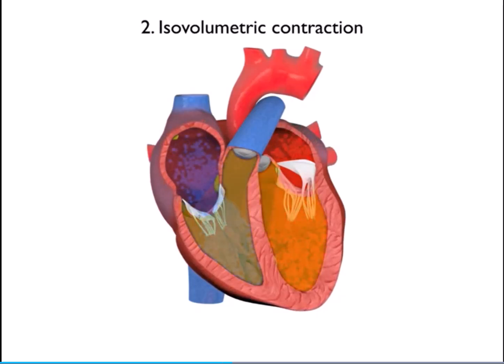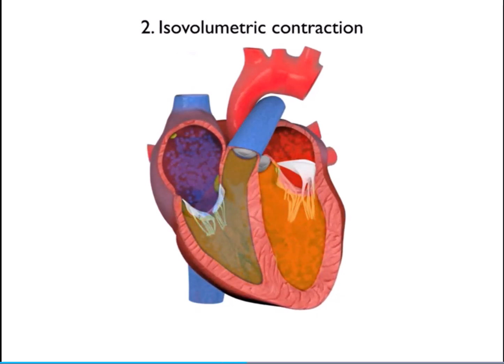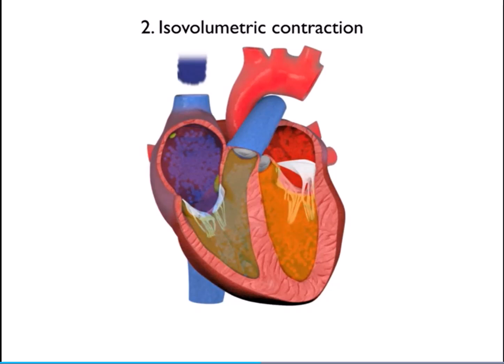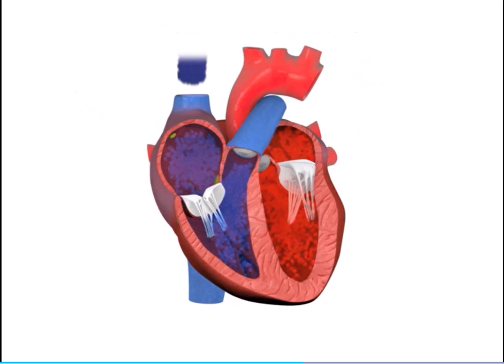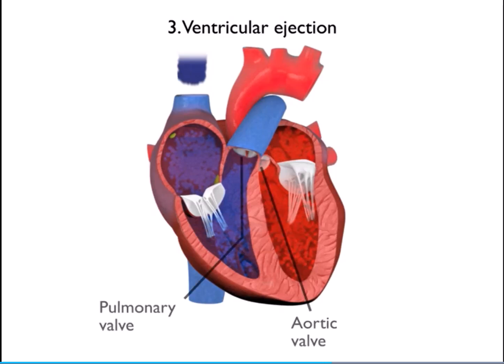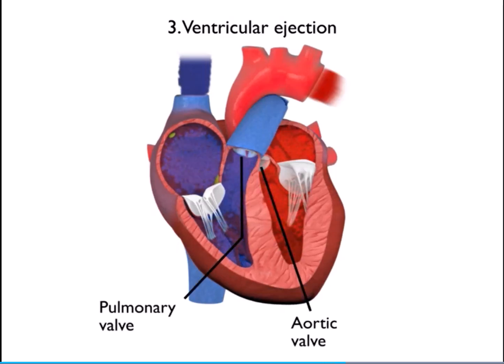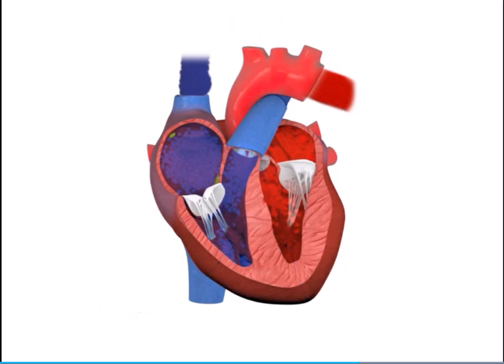Isovolumetric contraction begins as ventricular systole increases the pressure in the ventricles. The atrioventricular valves close, causing the first heart sound. Ventricular ejection occurs when the increase in ventricular pressure opens the semilunar valves and blood leaves the heart. Isovolumetric relaxation begins when the ventricles enter diastole.